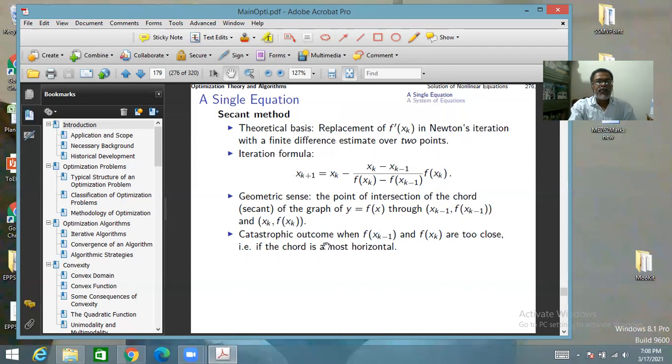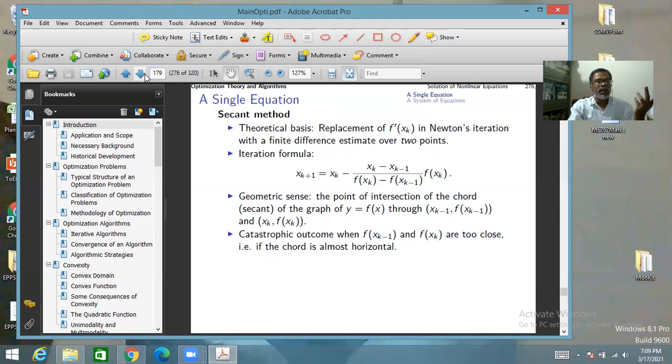Here also a catastrophic outcome may come if these two function values are equal or very close. Then that chord is horizontal and therefore you will cut very far away. However, you can stop it if you insist that out of these 2 points, one should have a positive function value and the other a negative function value.